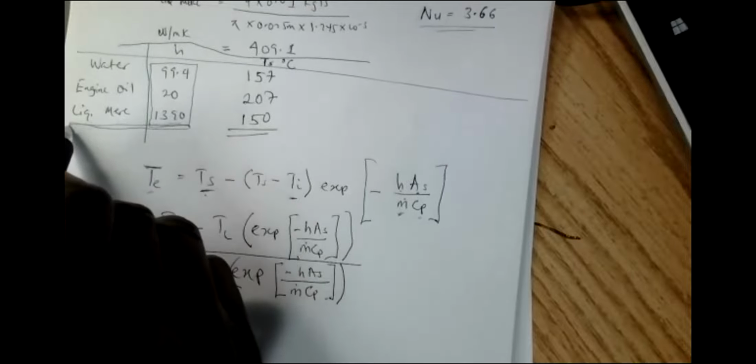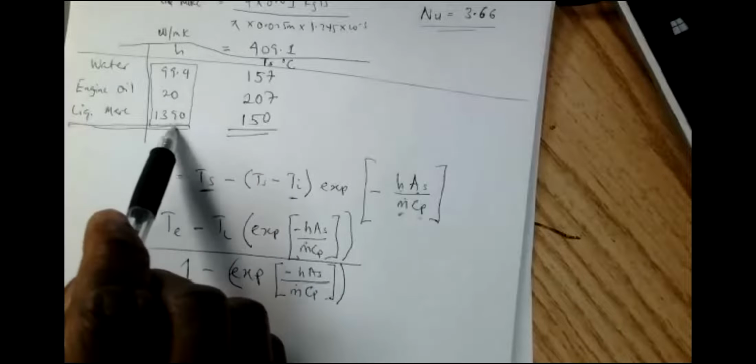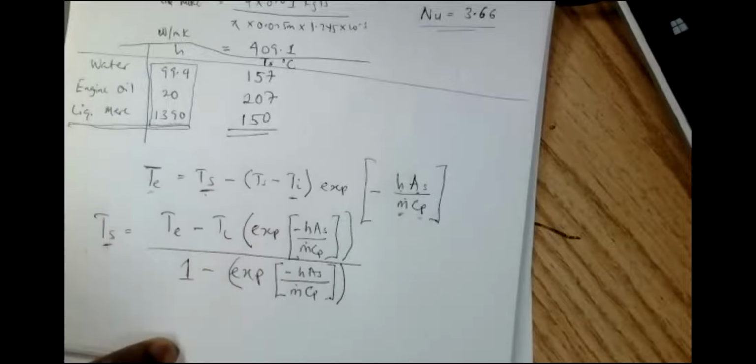This is useful for applications where there's a need to get rid of a lot of thermal energy in a short period or in a small space. This is a huge convection heat transfer coefficient. Liquid mercury will be an ideal fluid for that application.